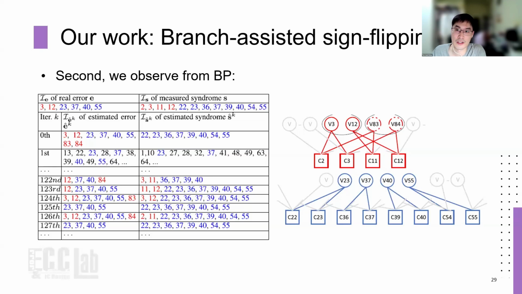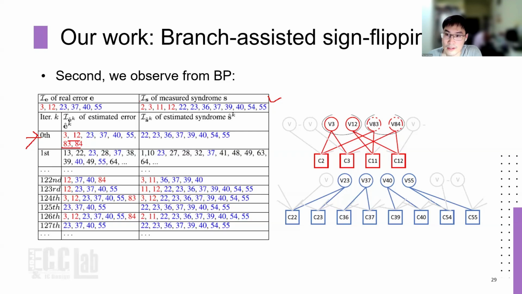Second, we observe from BP. I will use an example. Suppose now we have the measured syndrome 2, 3, 55. For this syndrome, BP cannot converge. And we observe that most of the time at the 0 iteration, the hard decision output will include all the indistinguishable error patterns, so the corresponding syndrome is canceled.